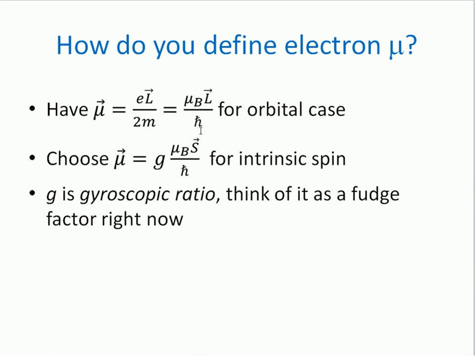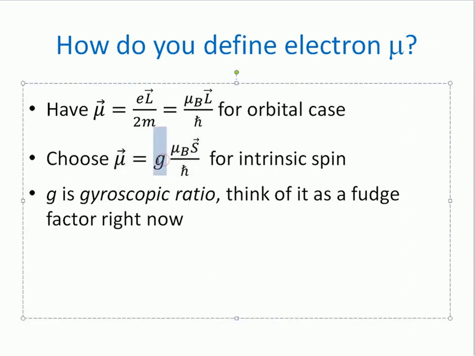L is now the spin angular momentum, not the orbital angular momentum. And there's a fudge factor in here, the gyroscopic ratio, which gets figured out, but we're going to ignore it. Just think of it as a fudge factor to make the formulas look similar to one another. We don't even need to know this value for most of the course.